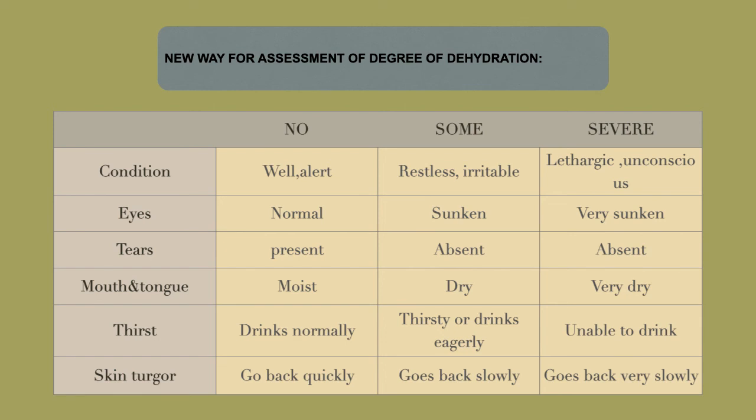According to the signs and symptoms of the patient, we divide the patients, as we already said, into three groups: either having no dehydration, or some dehydration, or severe dehydration.